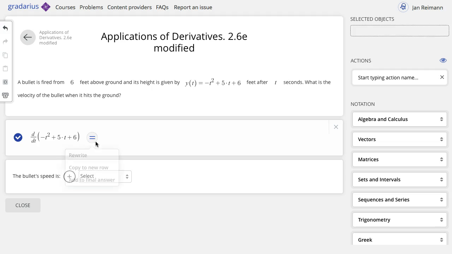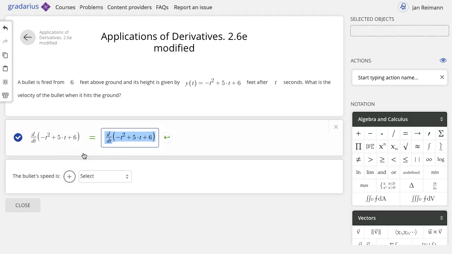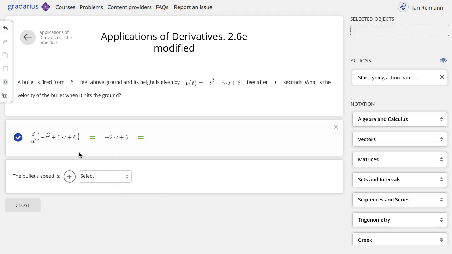So I save my work, and then I'll just compute it by applying the power rules successively, the usual stuff. That should not be a big problem anymore at this point. So minus 2t plus 5. Okay, that's the derivative.